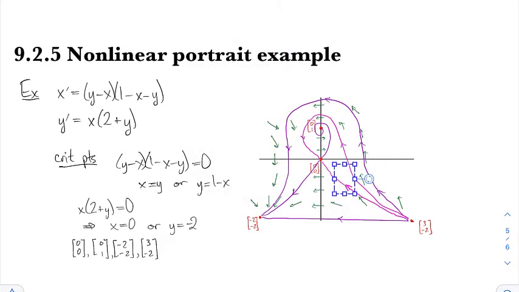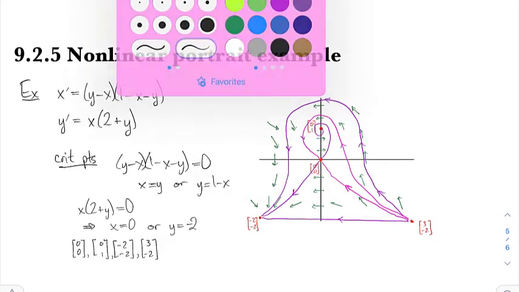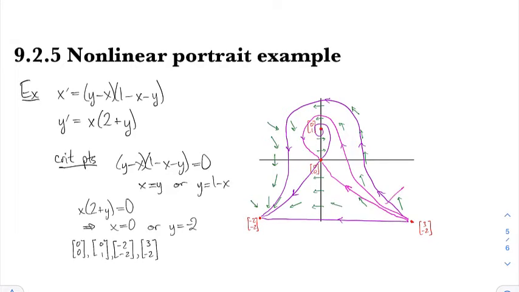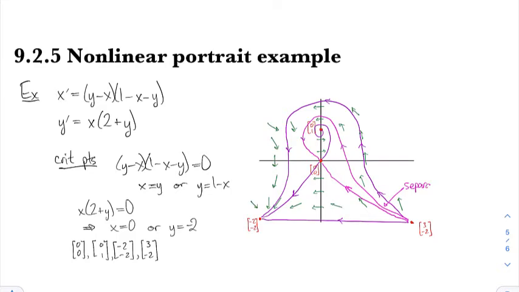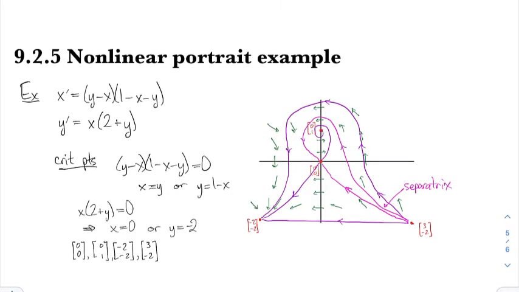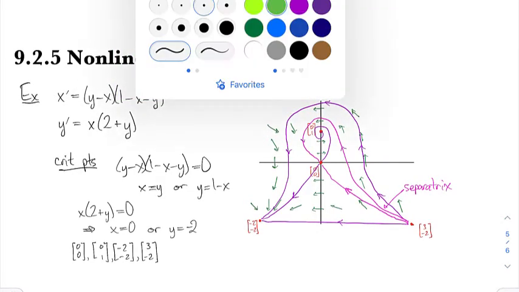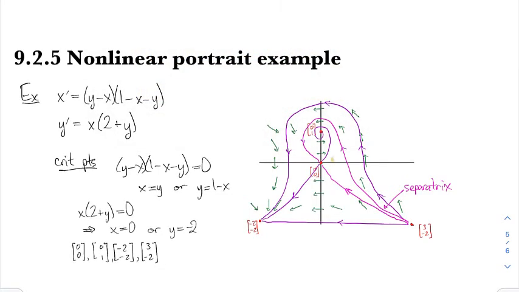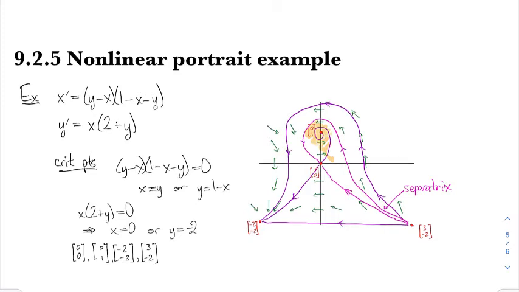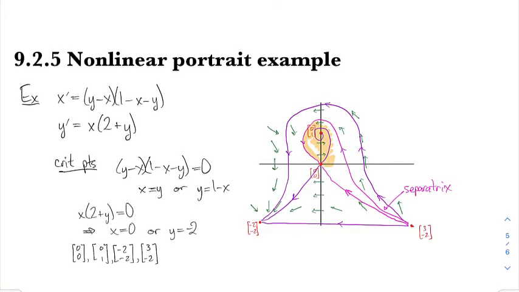And the reason for that is because these ones here, this is called a separatrix. And the reason why is because it separates trajectories which are qualitatively different, meaning that they converge to different critical points.